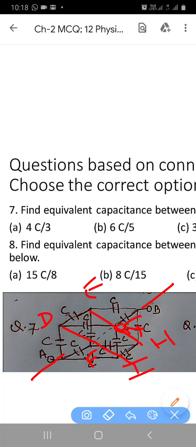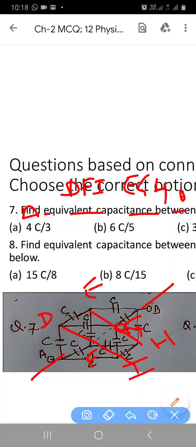So you can solve like this. A, then the points D, F, I, then the points E, G, H, and the last point is B.